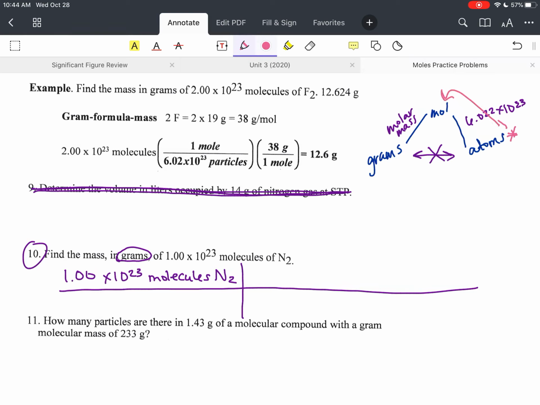So what number am I going to use to convert to moles, right? I have to use my 6.022 times 10 to the 23rd. Because I have molecules on top, I need molecules on bottom. Okay, and that's, like I said, equal to 1 mole.